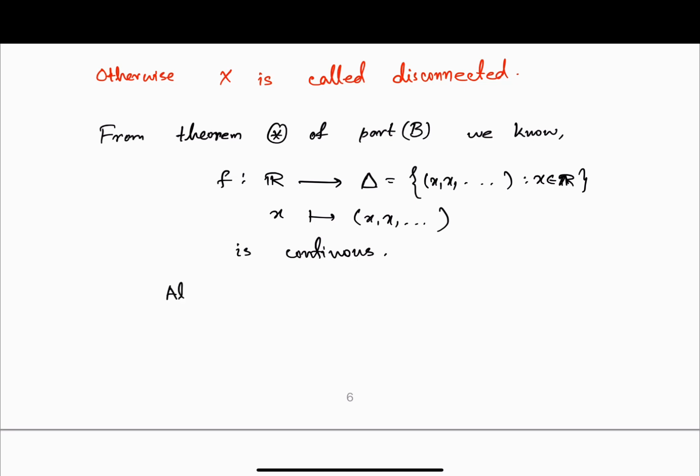Also note the image of f is the image of R under f. So this is the delta.